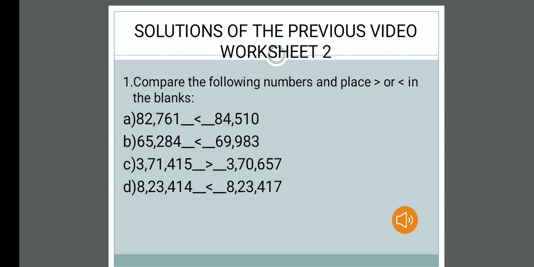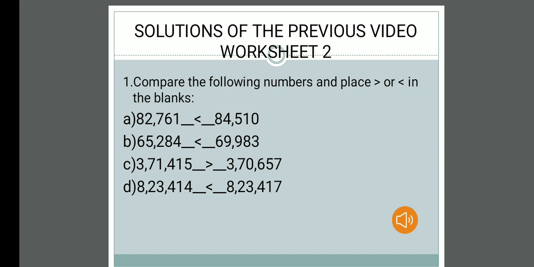First question I gave: 82,761. We have to compare with 84,510. Now we all know we have to compare each digit with its place value. When I compare 82,000 and 84,000, 84,000 is greater.